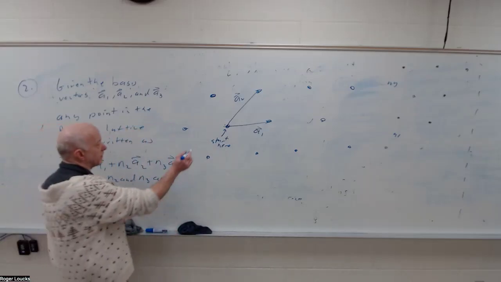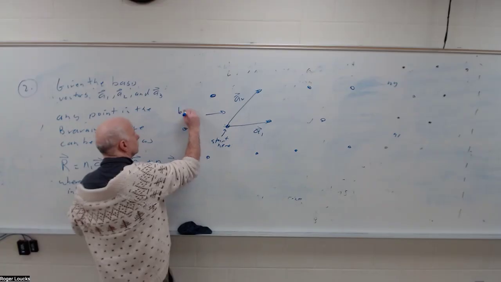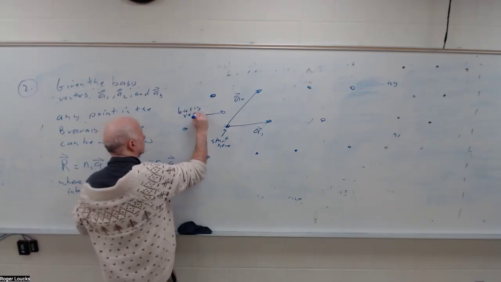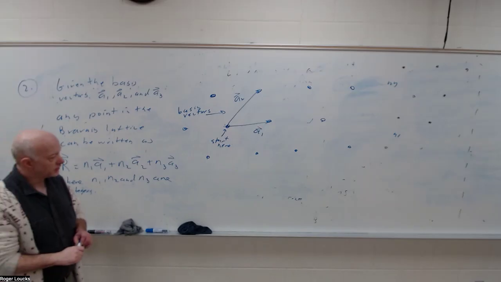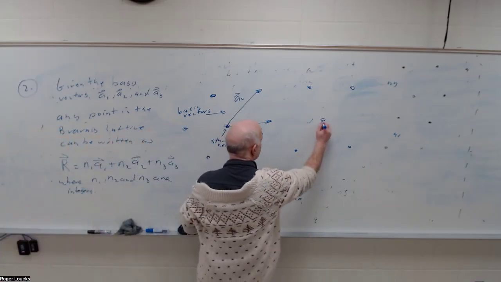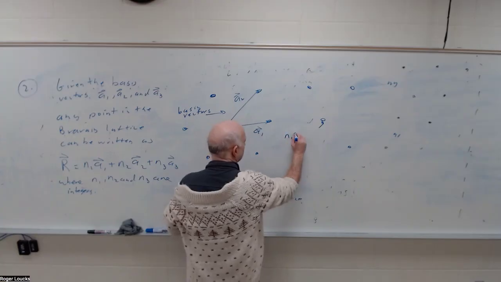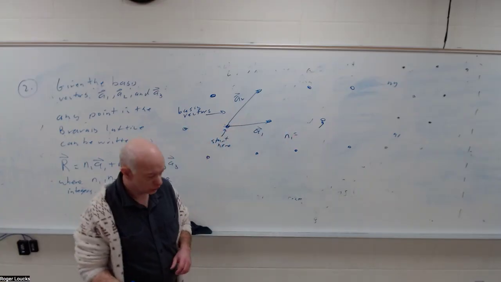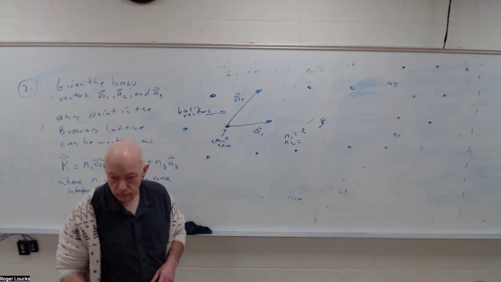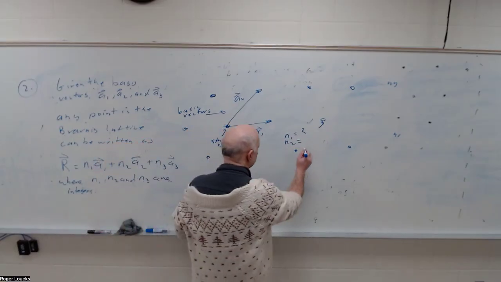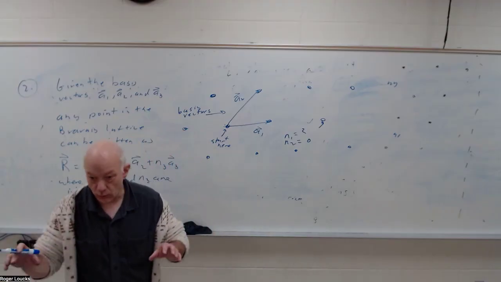Okay. So with that said, if I want to get to this point here, what would I have to do? So these are my bases. So this point here would be what? My N1 value would be what? 2. My N2 value would be what? 0. And you can do this point by point.